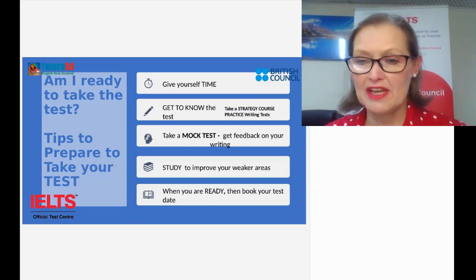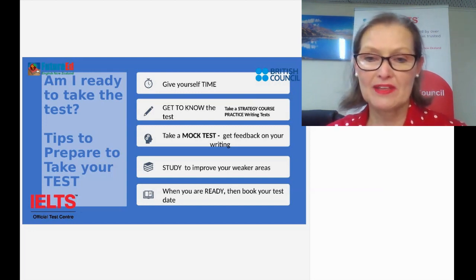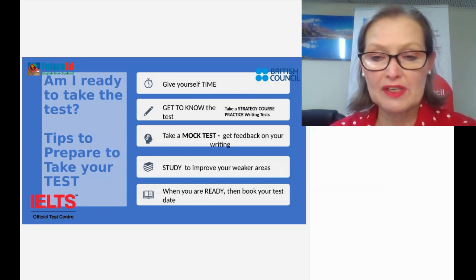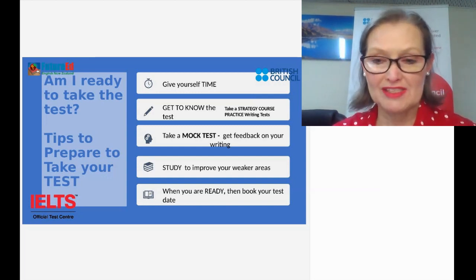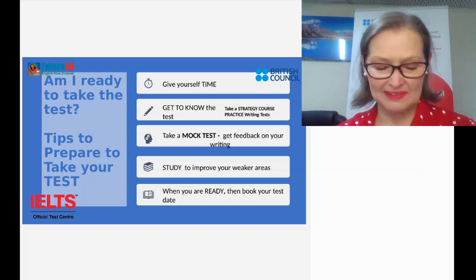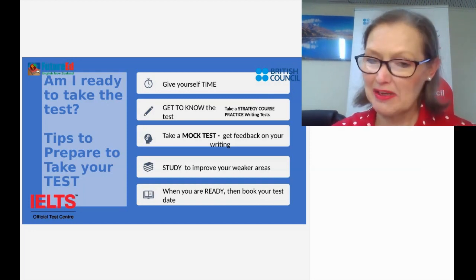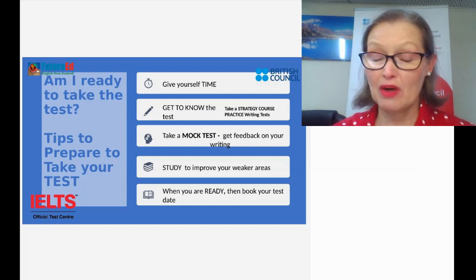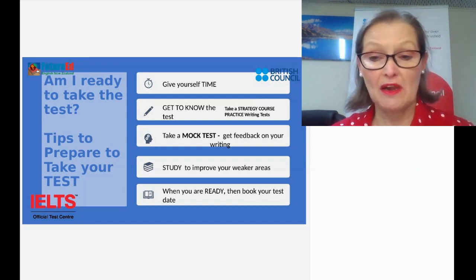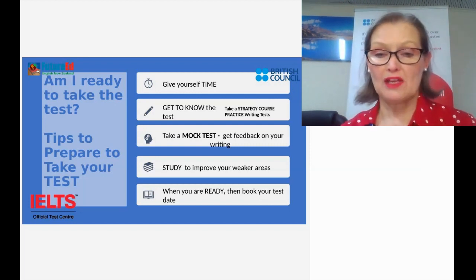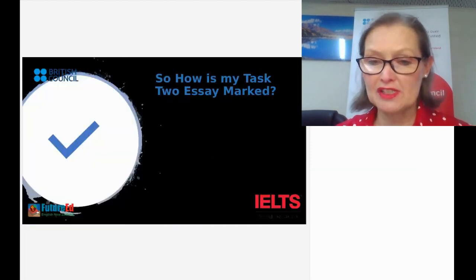If need be, take a short strategic course and practice writing tests. The other thing I highly recommend is take a mock test and get feedback on your writing. Okay, this is an expensive test, and if you take a mock test, it can give you an idea of your band score so that you don't sit the test before you're actually ready.